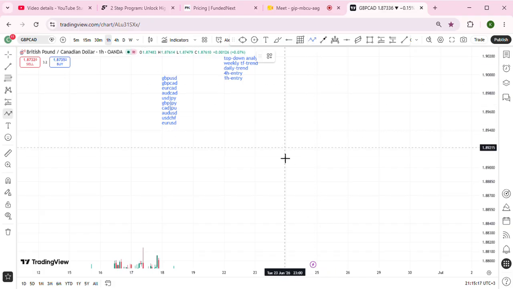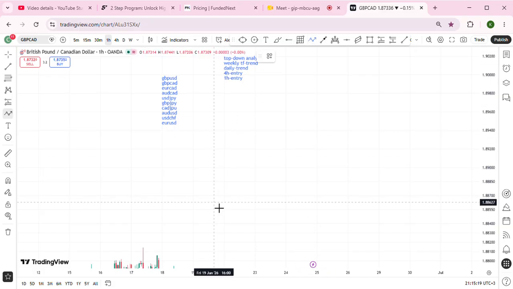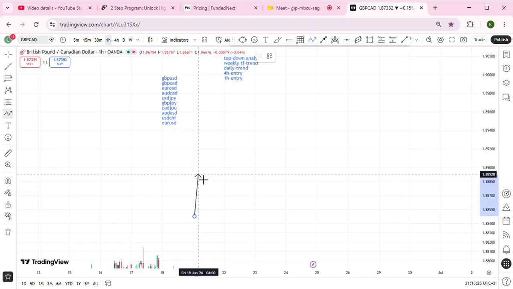Remember we said a trend is the overall market direction. So we start with the first one, which is the uptrend. An uptrend is when the market is moving towards the upper direction. So this is how the market moves. It will be giving you highs and lows. The lows is the lowest part, highs is the highest part.